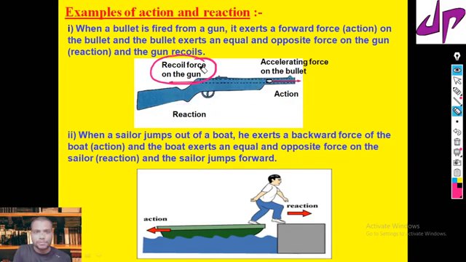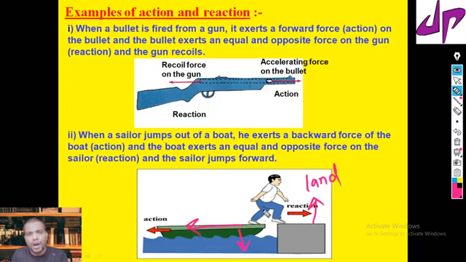And one more example. Suppose you are jumping from a boat to land, and the boat is on water. So what happens when you jump? The boat will move backwards.